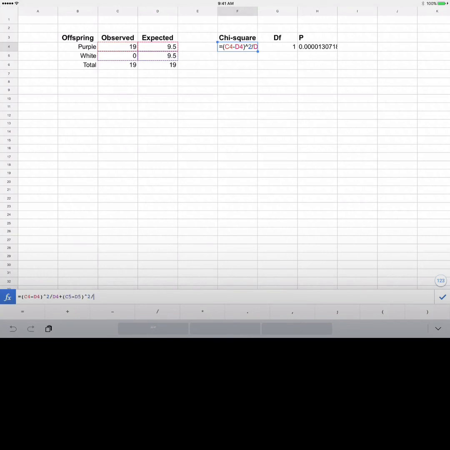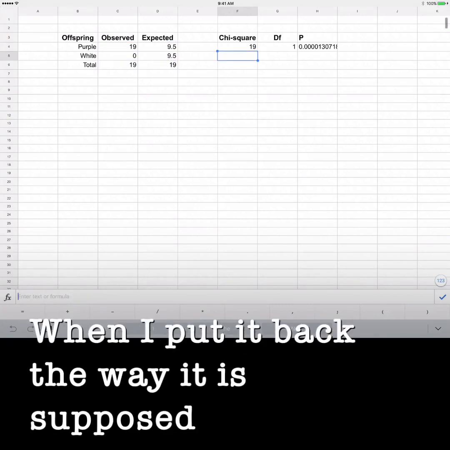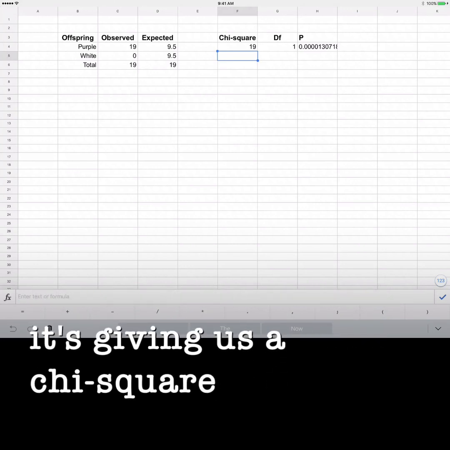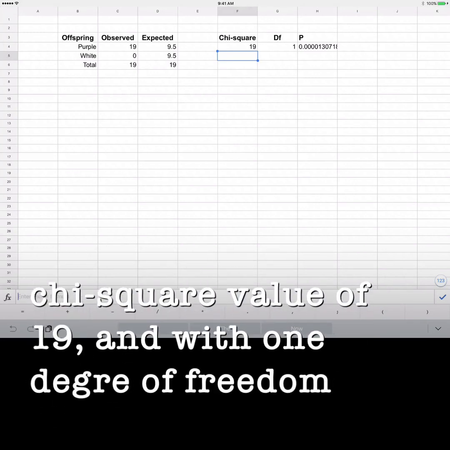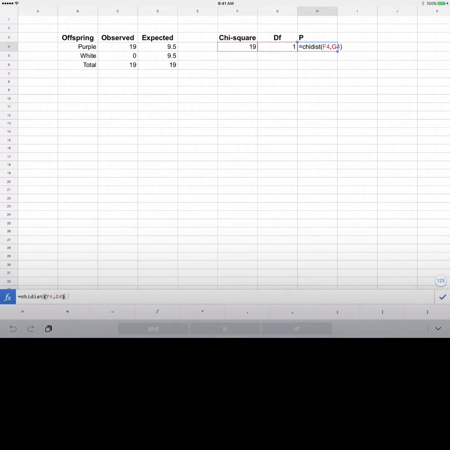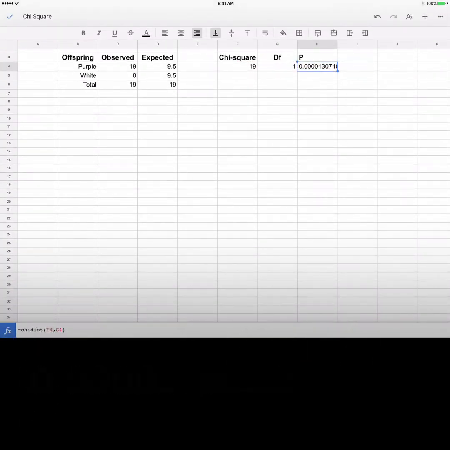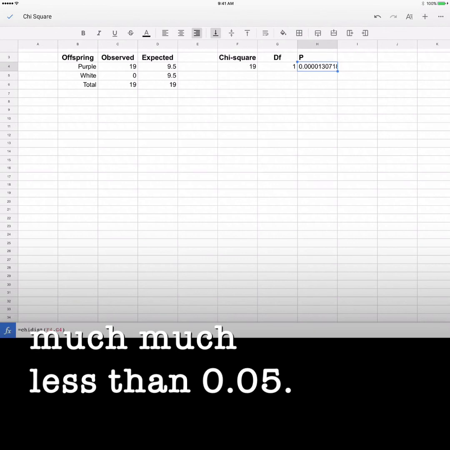Except now I'm accidentally editing it. But when I put it back the way it's supposed to be, now we can see that it's given us a chi-square value of 19, and with 1 degree of freedom, the p-value there is 0.00001, much, much less than 0.05.